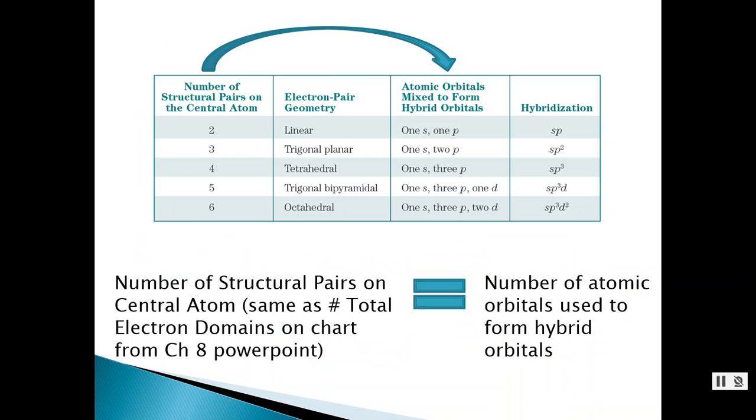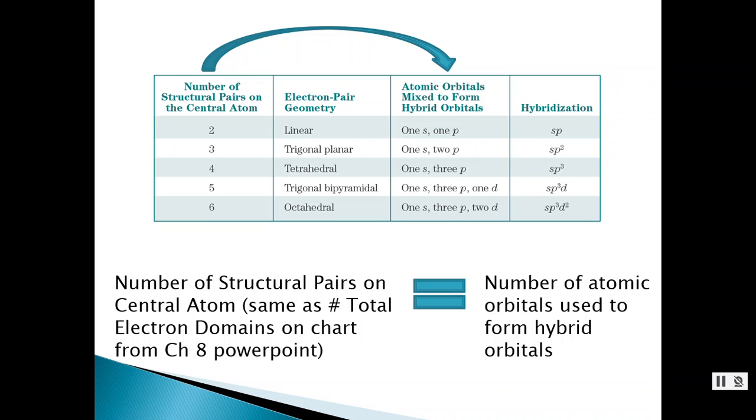In the next slide, I've just tried to illustrate that this number of structural pairs on the central atom is equal to the number of electron domains on your chart from the Chapter 8 PowerPoint, and it's also equal to the number of atomic orbitals used to form the hybrid orbitals.